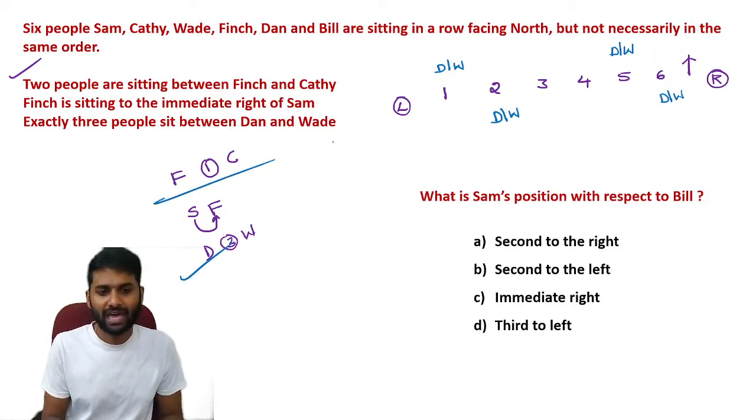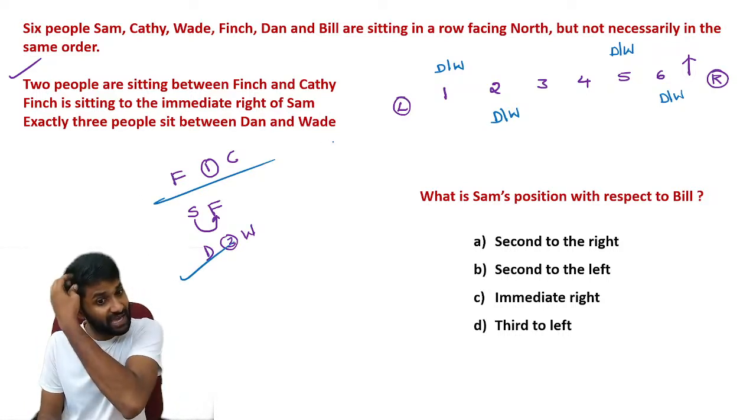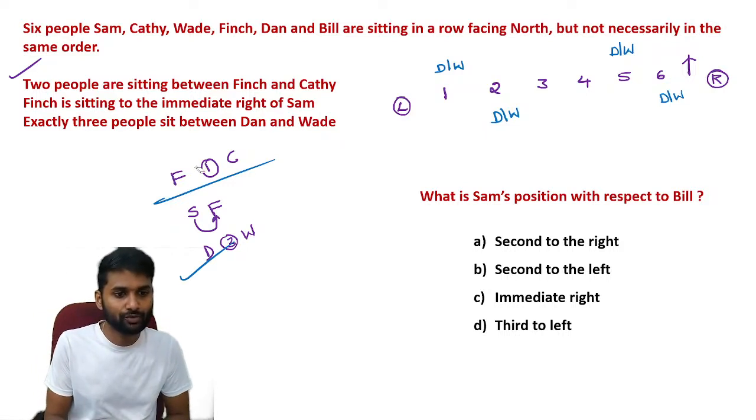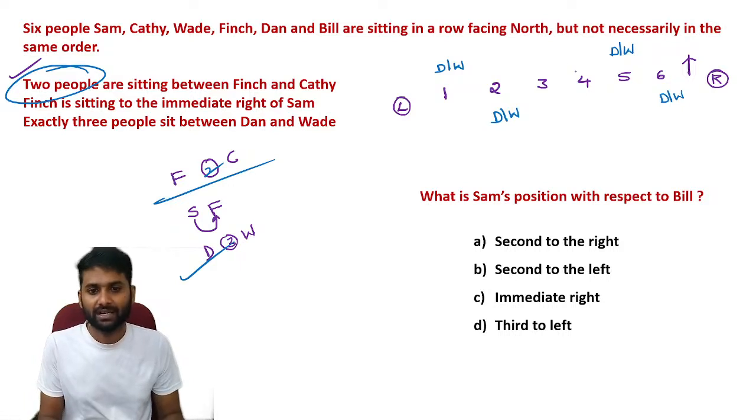Next, we have 2 people between Finch and Kathy. So 2 people between them means we have only one option, 4 and 6, F for C here and F for C here.